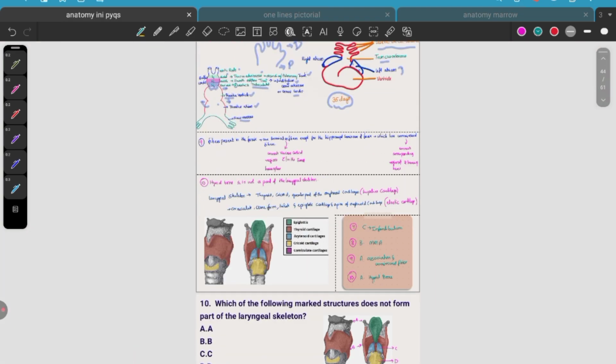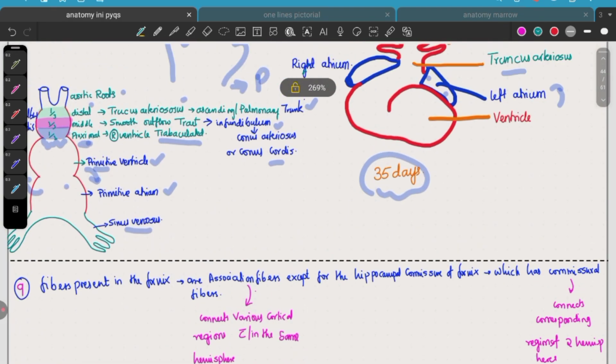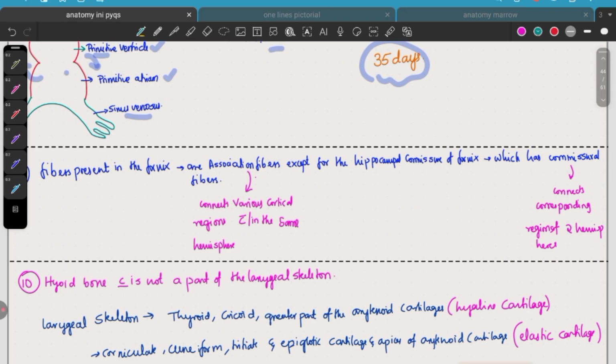Let me read out the explanation for you. Fibers present in the fornix are association fibers except the hippocampal commissure of the fornix, which has commissural fibers.